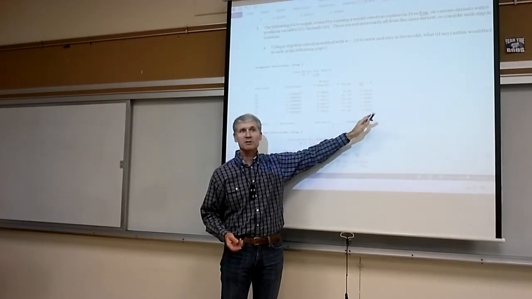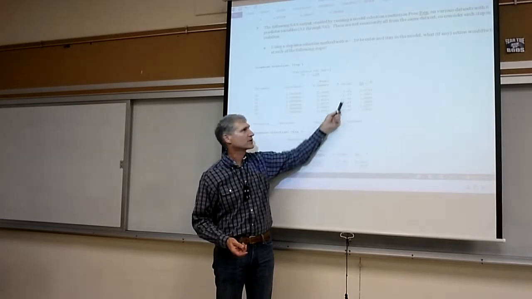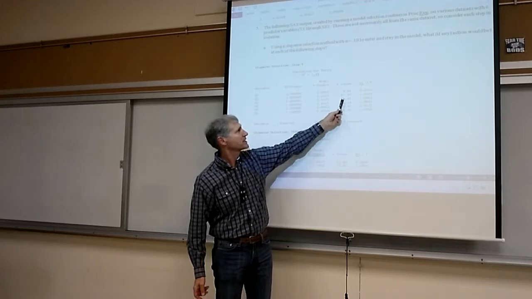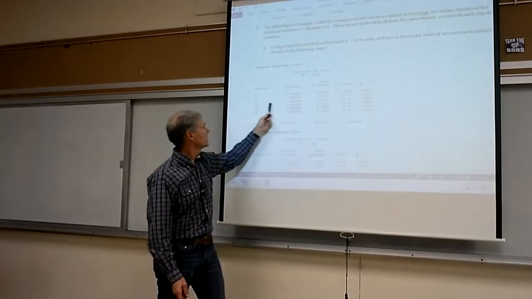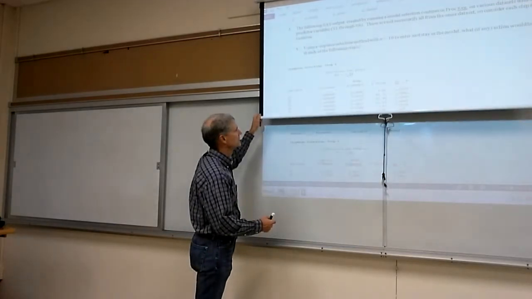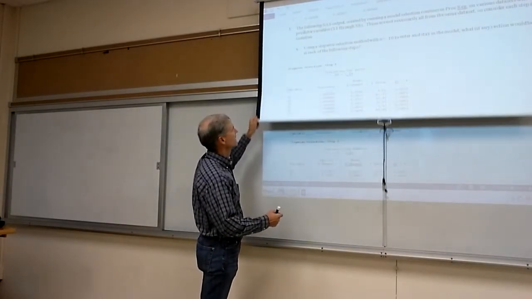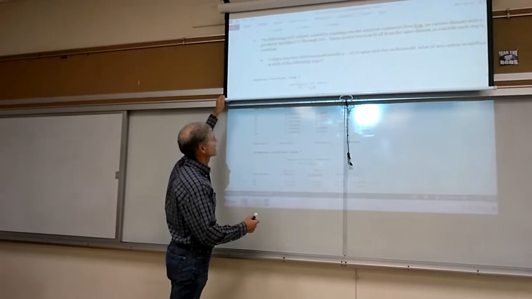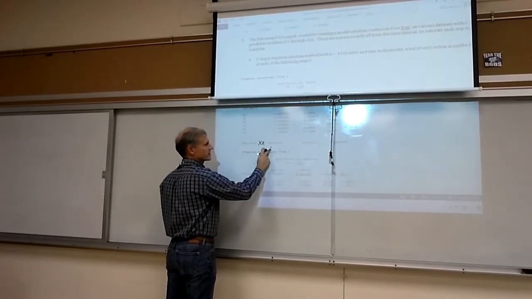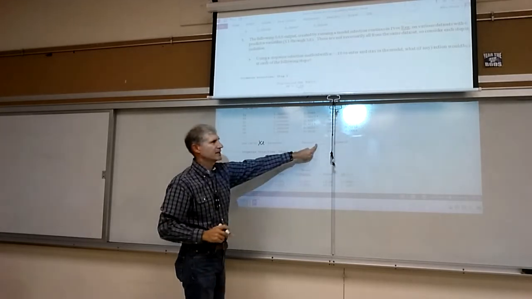So in order to tell which one's really the lowest, you have to look at the F value. So you're going to pick the biggest F value, which is 63.77 for x2. So variable x2 is entered.